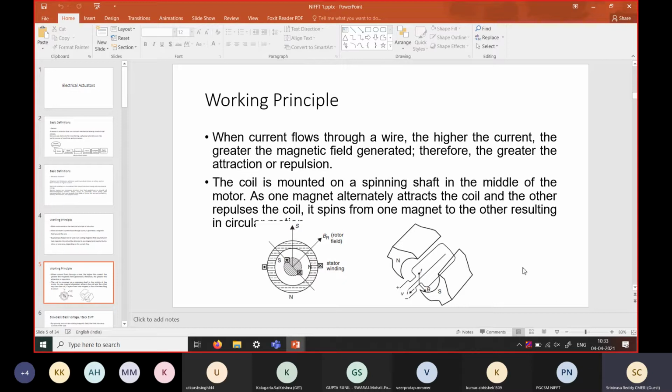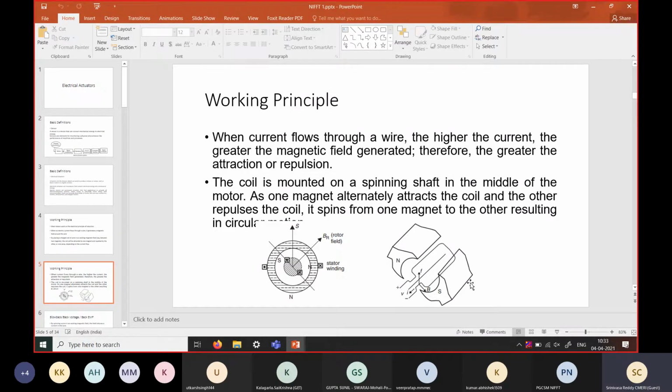This action of reversing the electrical field in the motor winding is done through a mechanical arrangement in the motor. Those are called brushes, which are simply two carbon-coated contacts.